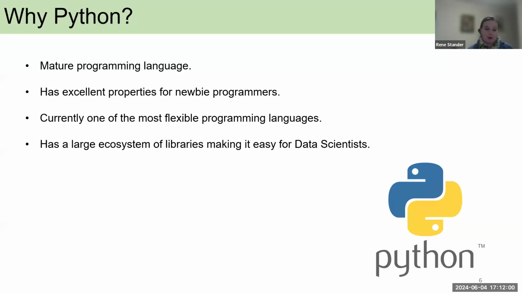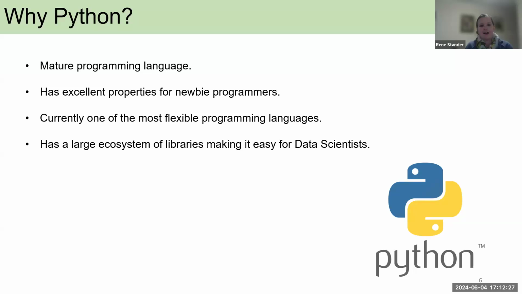It has excellent properties, especially for beginners. It has a lot of functions and functionalities. It's currently one of the most flexible programming languages. You can do quite a lot, from basic programming to statistical applications. You can even write some applications in Python, so you can do very complex things.